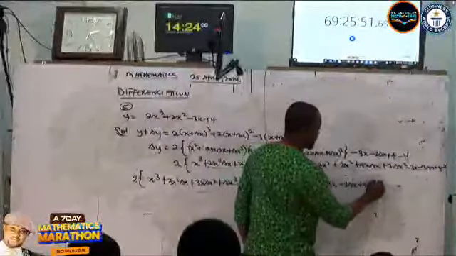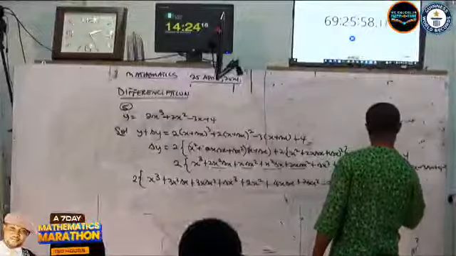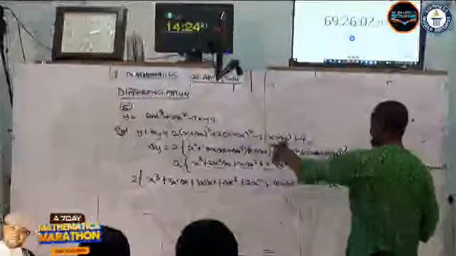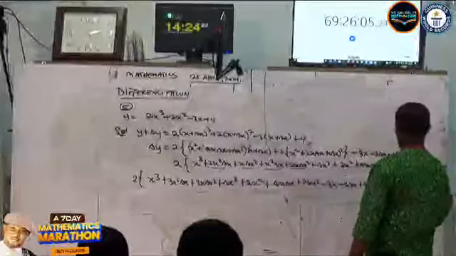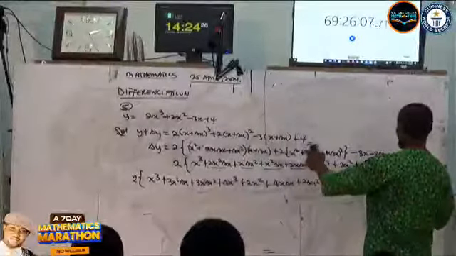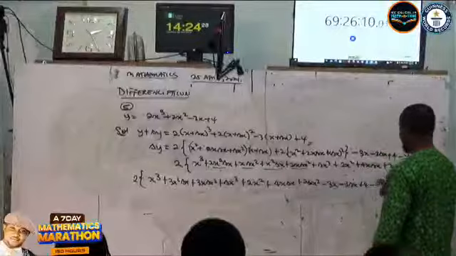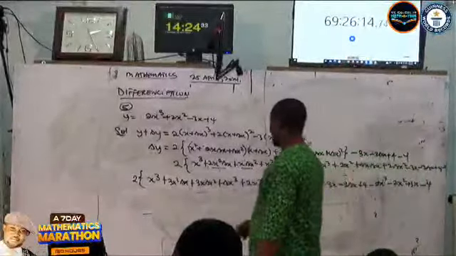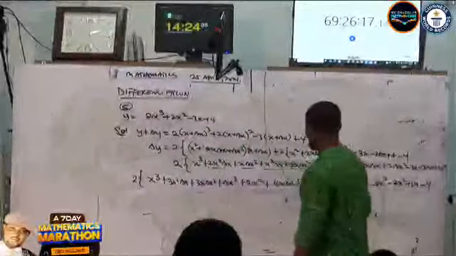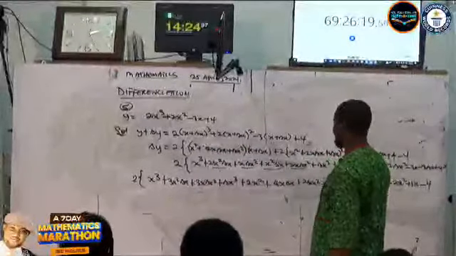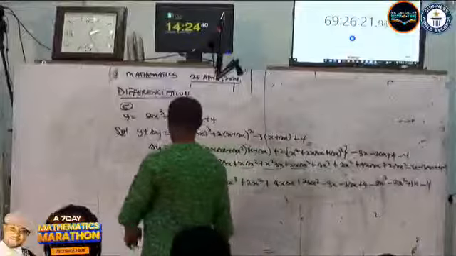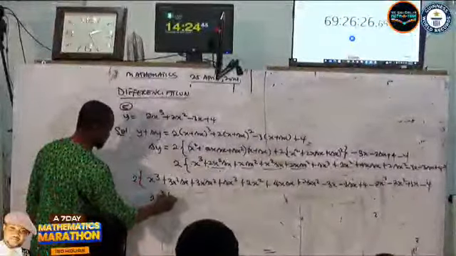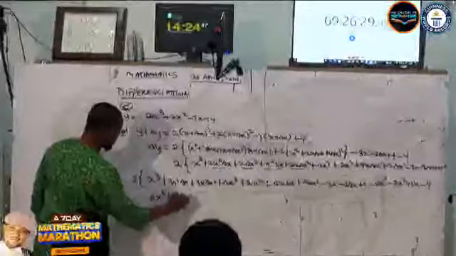Minus 2x cubed, minus 2x squared. What else? That one will turn to plus 3x minus 4. The minus affects every element. So something is cancelled. I can cancel out this side if I expand that side first. So this will open up. What do you have here? 2x cubed plus 6x squared.